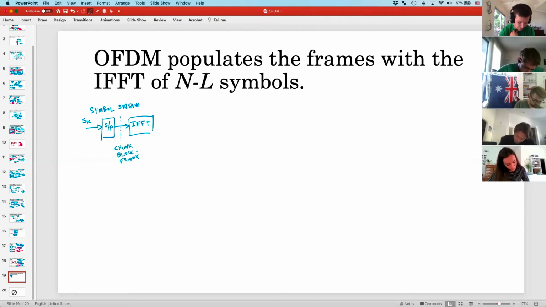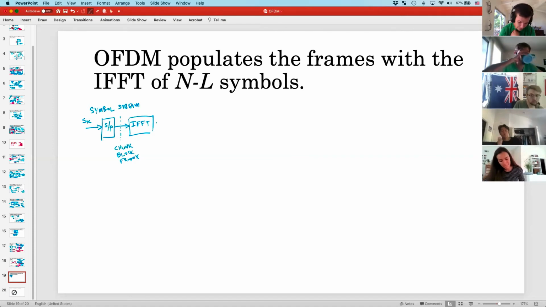Otherwise, this IFFT only works on a finite number of samples. So we need to somehow divide this stream up into only those samples. The serial to parallel can do that as well. You fill this register until it's full, and then you pass that entire register on to the IFFT. And then you start filling the register again.